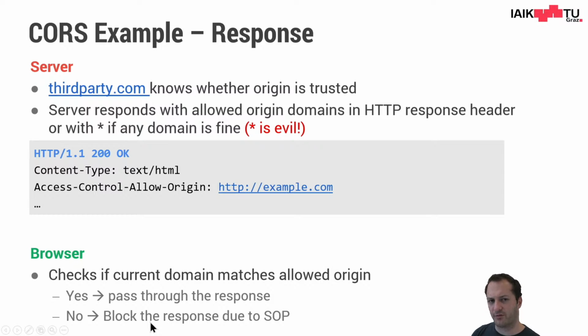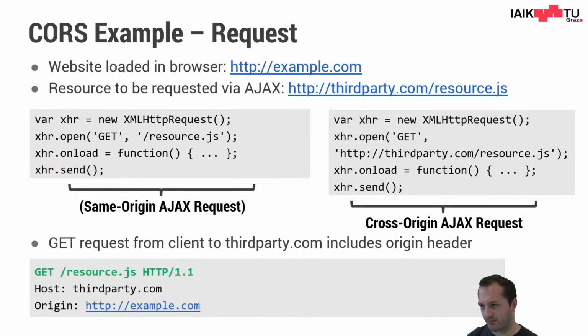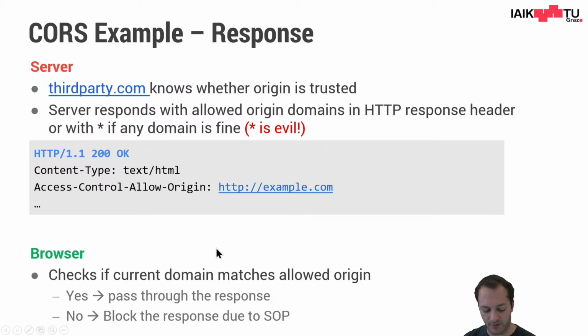So this might seem confusing. Why? Because what's specific about CORS is that the other server always gets the request. Even if this is another origin, the browser would still send it there, and the browser would just decide based on these header fields whether to show the response or not.